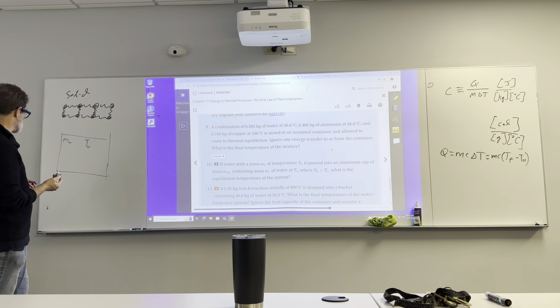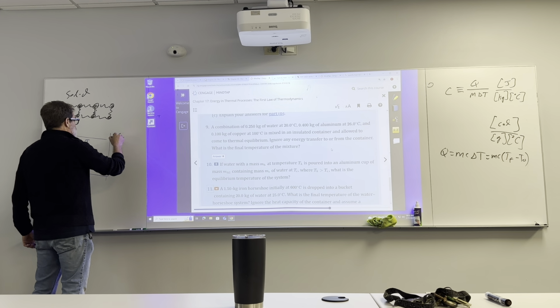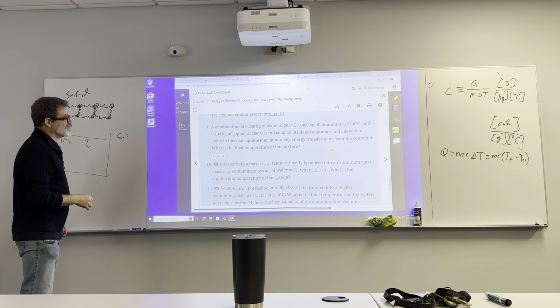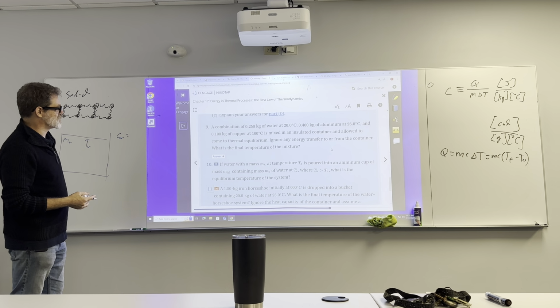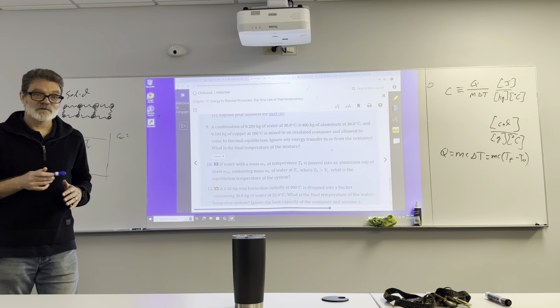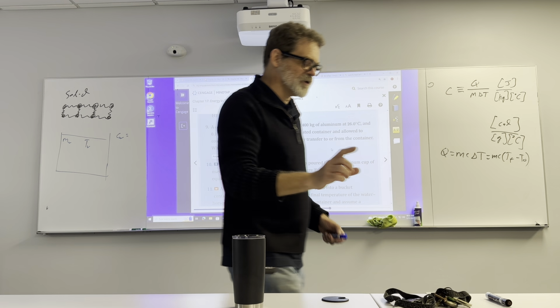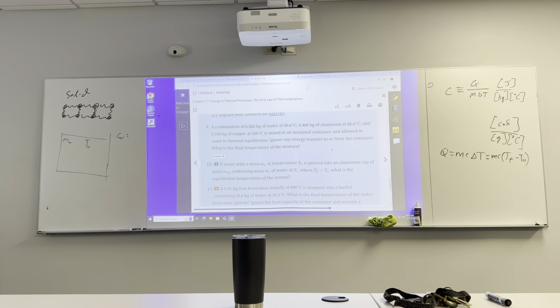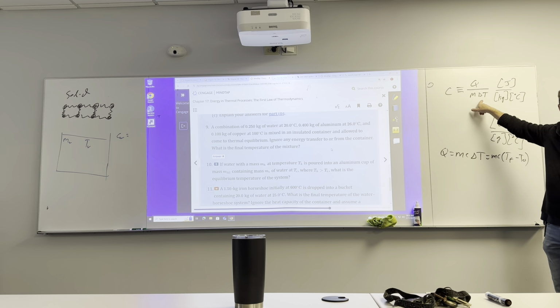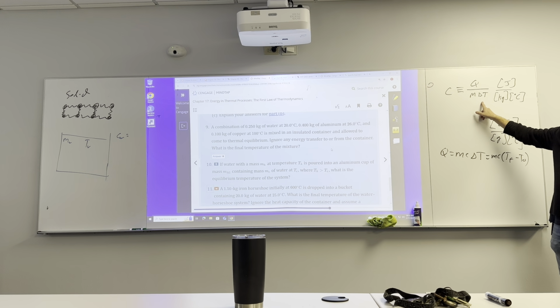And we need a specific heat of water. Do we need to convert that? I would keep it in kilograms, I think. No, Celsius to Kelvin. Oh, no, we can do things in Celsius. Here's how you know if you can do something in Celsius: if your formula starts with a delta T, like thermal expansion, it had delta T. Specific heat has delta T. So if you start with a delta T in your general formula, you can do Celsius.